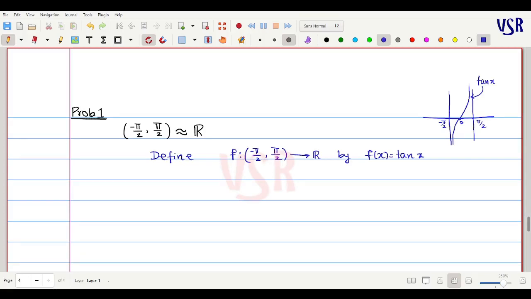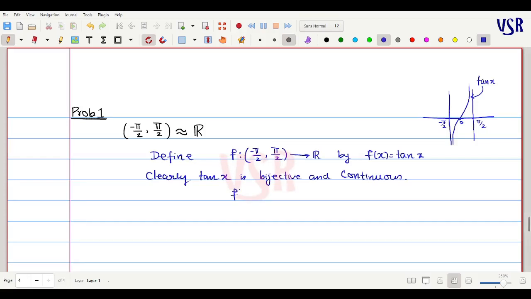Understood? So this tan x is always continuous and bijective. Clearly tan x is a trigonometric function, so it is bijective and continuous. And what is f inverse?